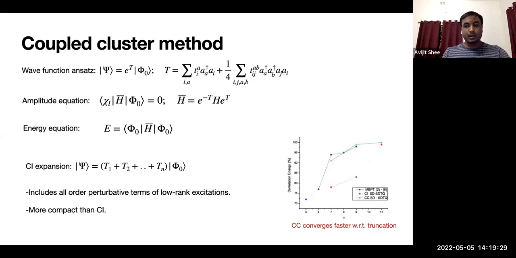And the working part of coupled cluster is obtained by projecting various excited determinants onto the Schrodinger equation after similarity transforming the Hamiltonian. These are the so-called amplitude equations.